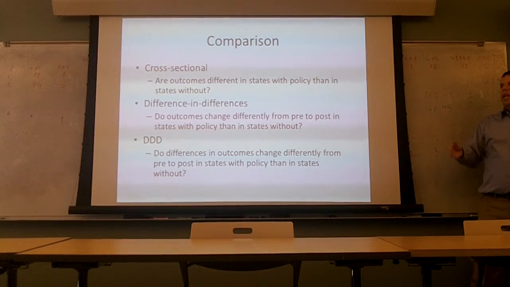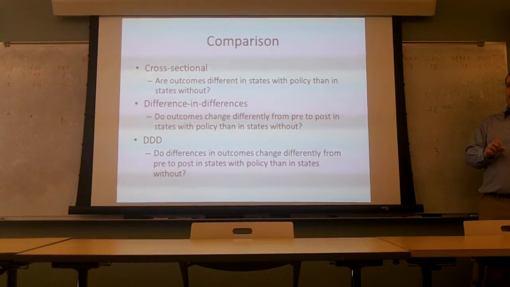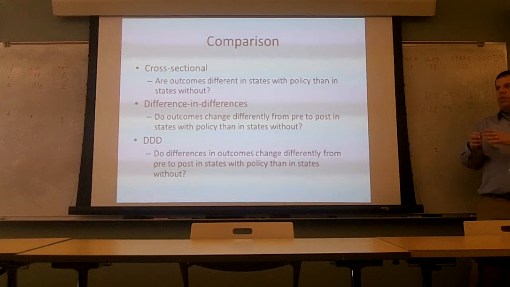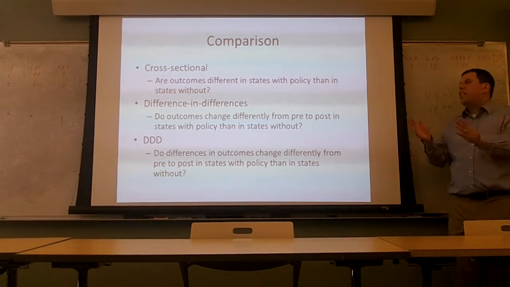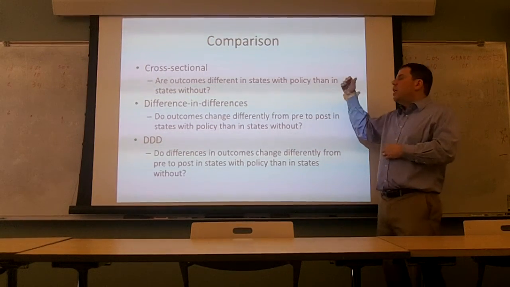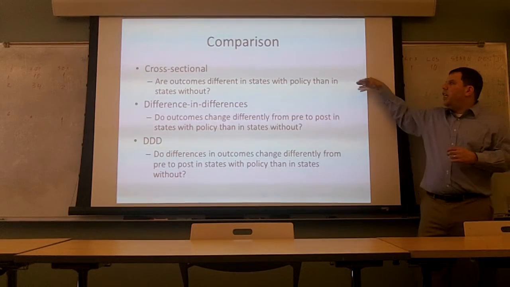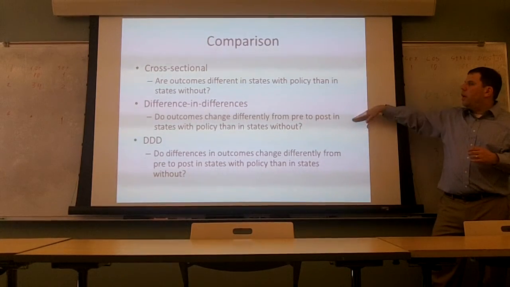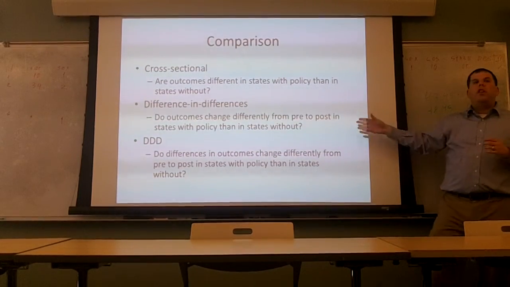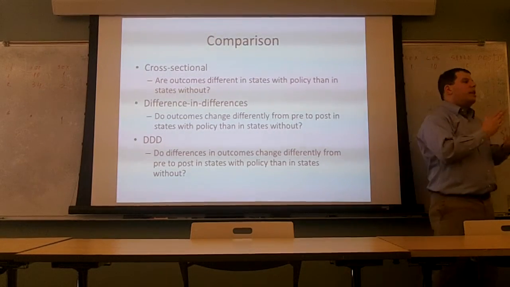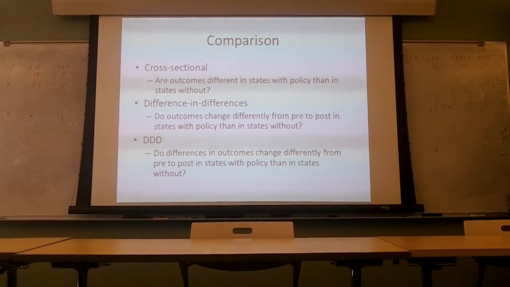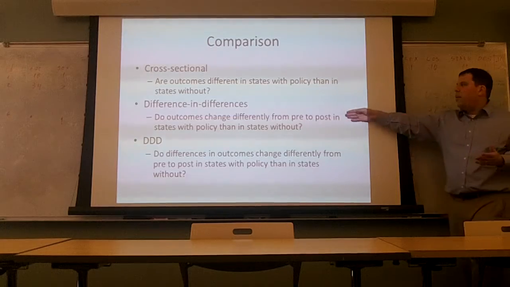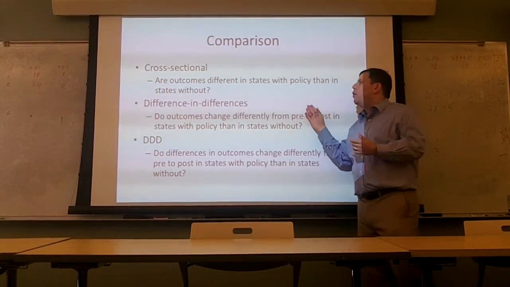Comparing our treatment state, the change from pre to post, to our control state from pre to post, gets us around time invariant things that could not have changed in our analysis. But there could have been time varying things, right? Like other potential policies that came in at the same time the intervention came in the treatment state.